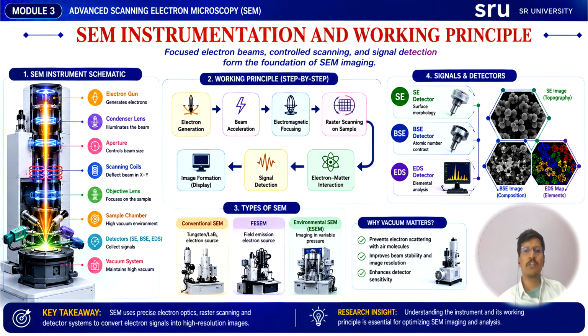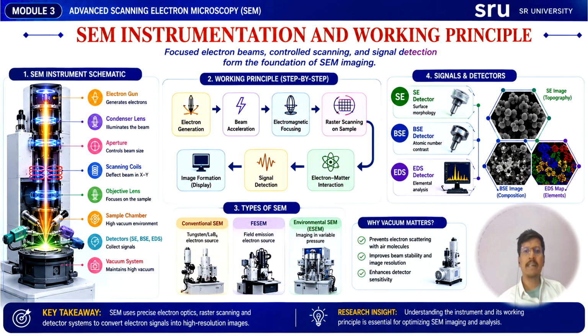The SEM also contains several detectors, including secondary electron detectors, backscattered electron detectors, and X-ray detectors. These detectors collect the signals generated from electron matter interactions.